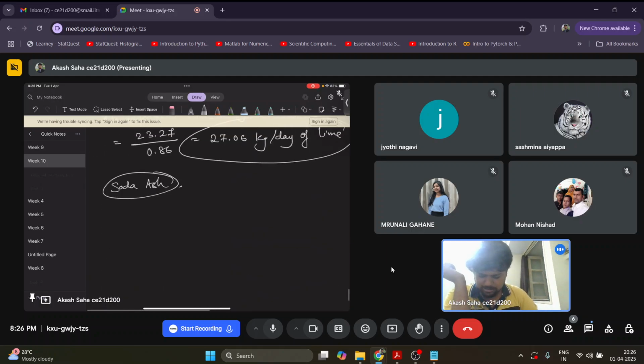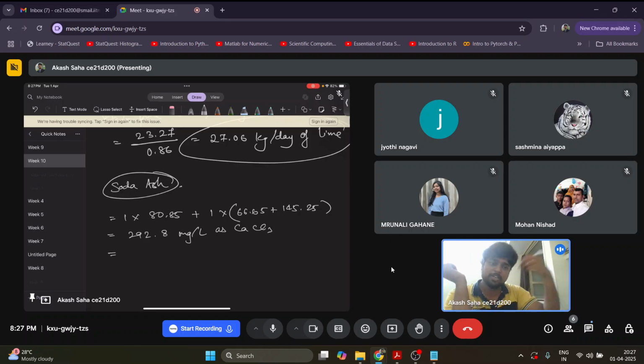So for soda ash, it will be 1 into 80.85 plus 1 into 66.65 plus 145.25. So it will be 292.8 milligram per liter as CaCO3.